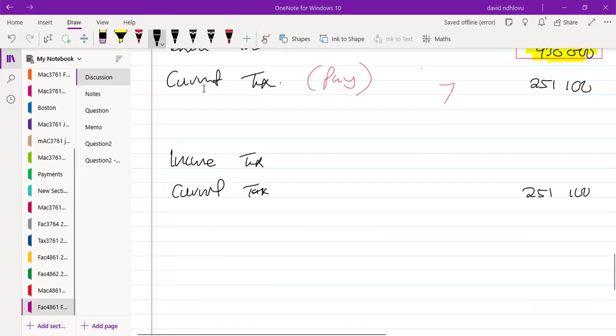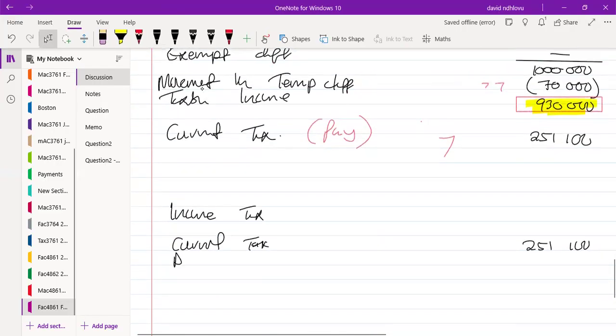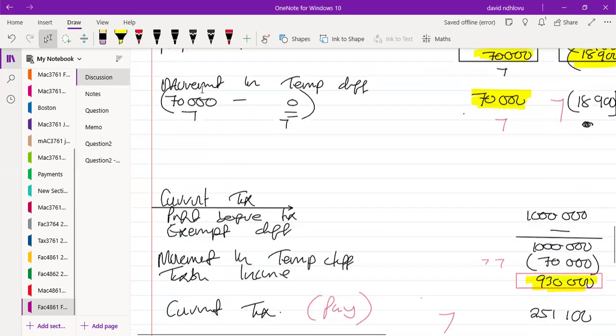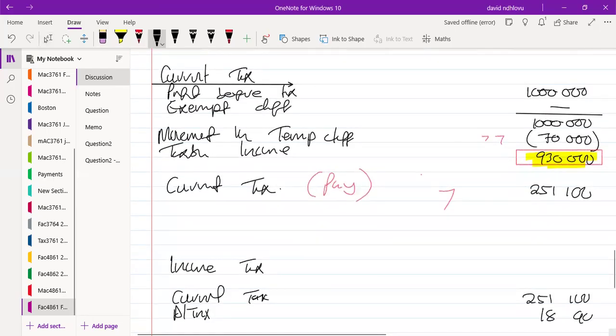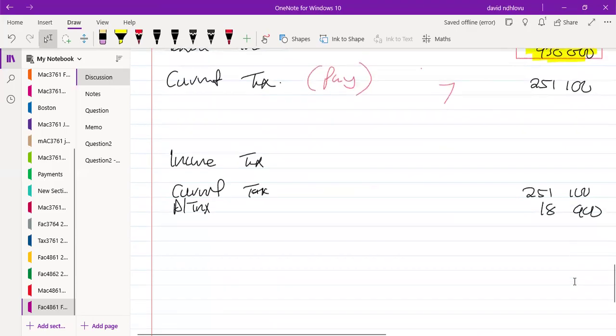Then from there you go and check the deferred tax that you have, 18,900. So you bring in the deferred tax, and again you do the same thing. If it is a negative amount there, when you bring it down it's a positive amount, which means you add.